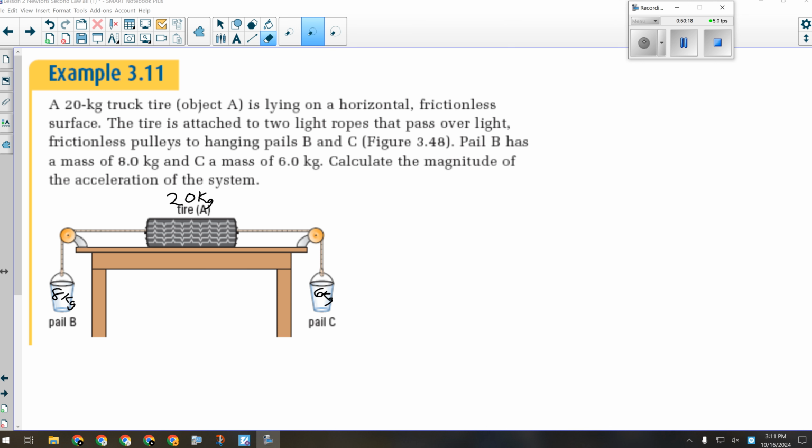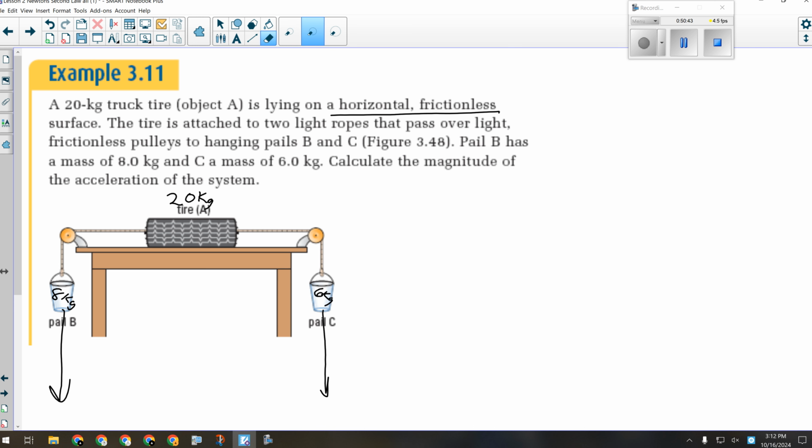How many forces are acting in this system? 2. There's no friction. It clearly says that it is a horizontal frictionless table. So there's nothing acting along the table or the pulleys. It says they're frictionless as well, which means the only forces acting are the weights of the two pails.